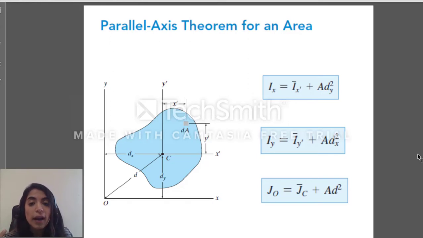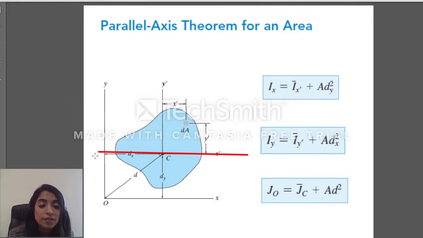So that's why I can say that Ix is equal to Ix prime plus A d y squared. Now what is x and x prime here? Basically here x prime is the known axis passing through the centroid C. So all the moments of inertia that we found for regular shapes are around the axis passing through their centroid, which is here illustrated by x prime.